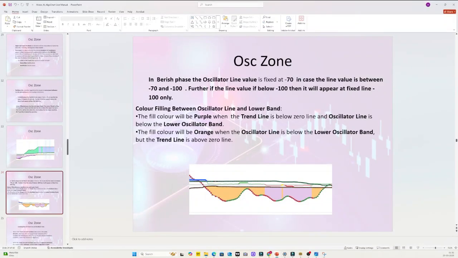Here the color will be purple when the trend line is below zero line and oscillator line is below the lower band, but its color will be orange when the oscillator line is below the lower band but the trend line is above zero line. Once it is crossed, its color becomes light purple.